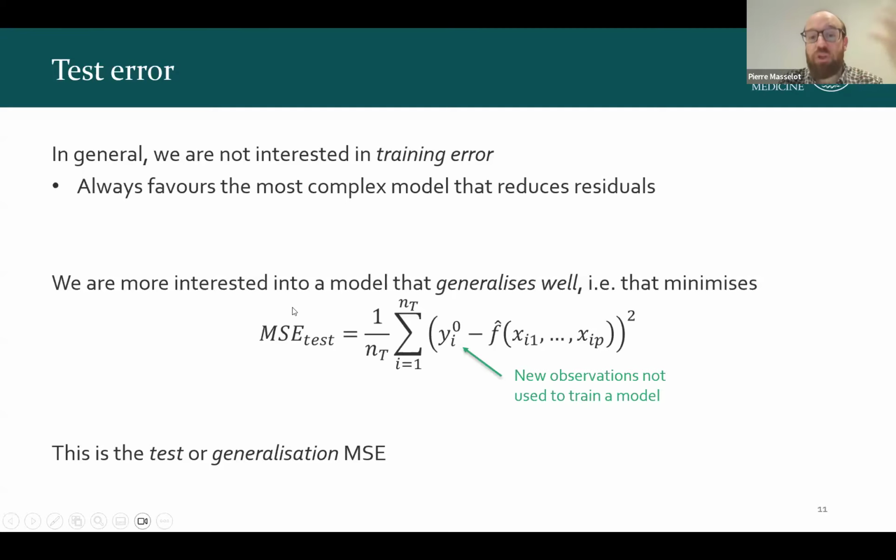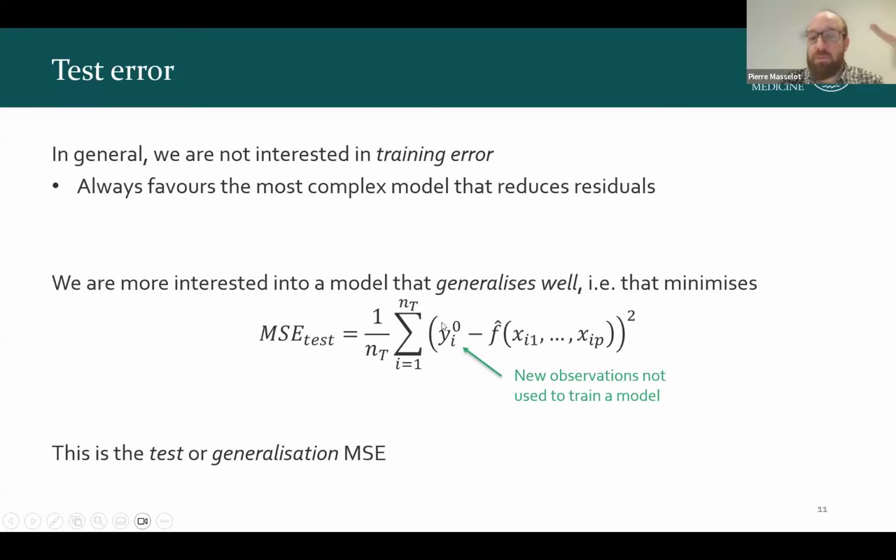In general, we are much more interested in a model that generalizes well, which means that it will minimize this mean squared error, but on what we call a test sample or a validation sample, depending on the context.